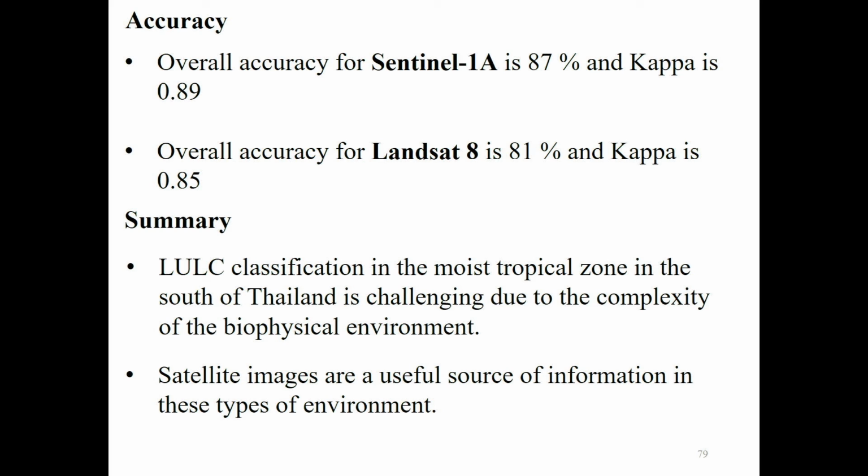But in this case, I think you can use Sentinel and Landsat to apply for another area, to classify land use and land cover activities. And we can find that satellite images are very useful information for the type of environment.